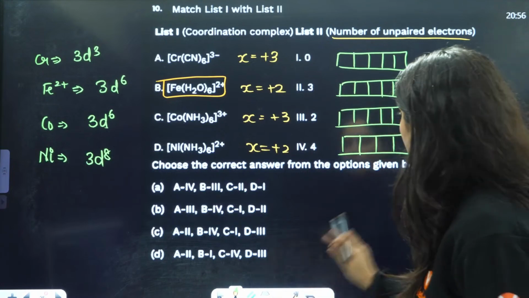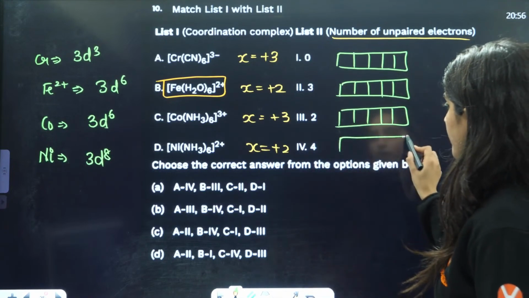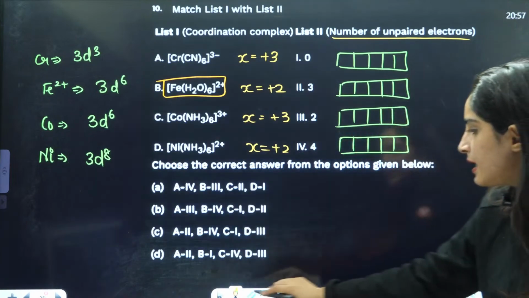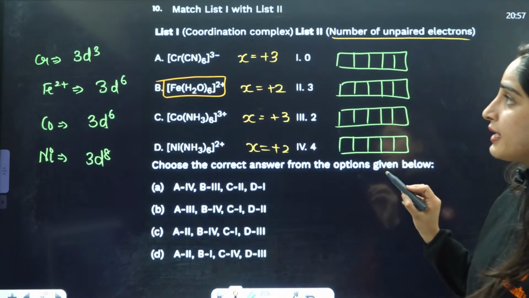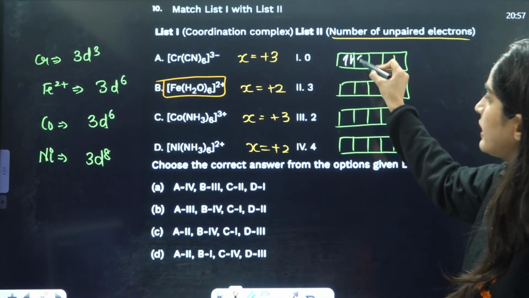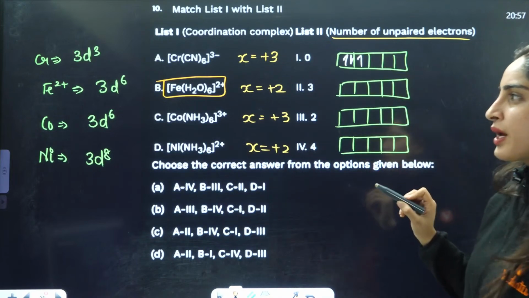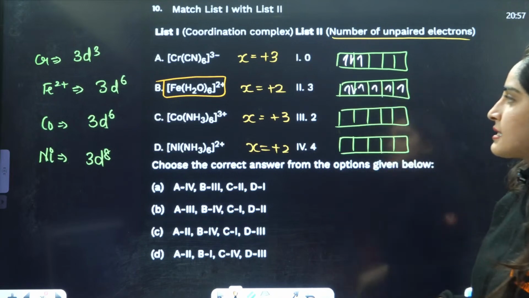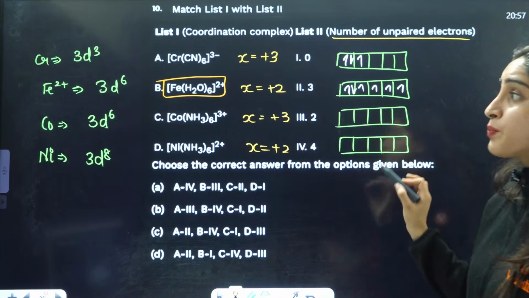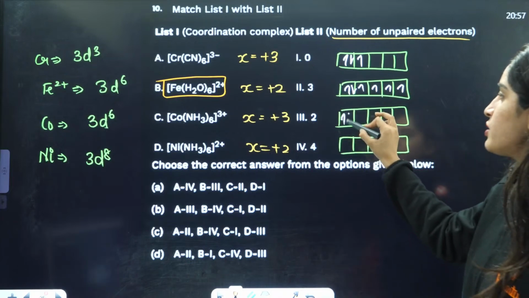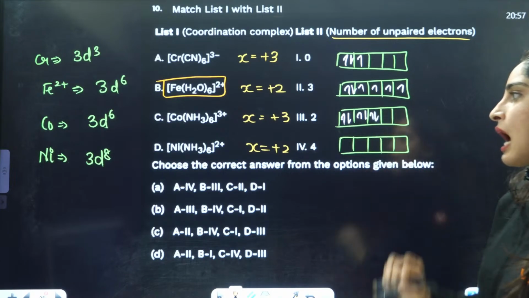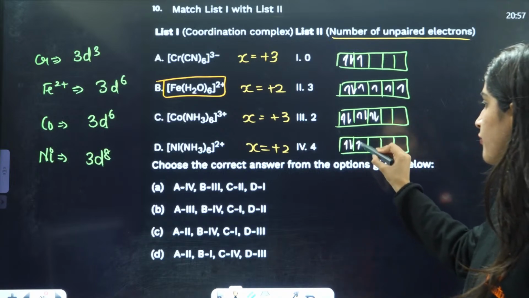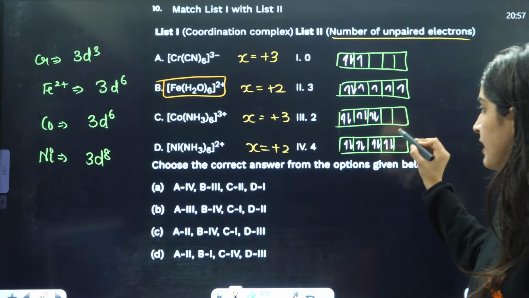Now if you see this here, electrons are being added, so it will be 1, 2, 3. Pairing is caused. In this way there is no pairing, so it will be 1, 2, 3, 4, 5, 6. Here it is 6, but there is pairing of electrons. Again there is pairing of electrons, and it is 1, 2, 3, 4, 5, 6, 7, 8.